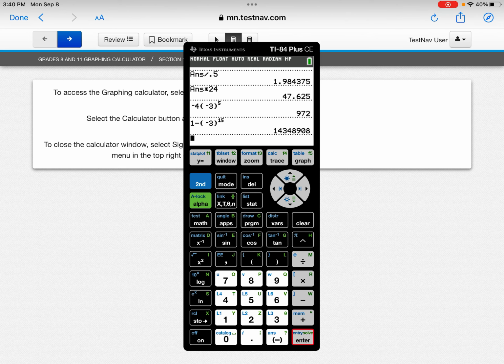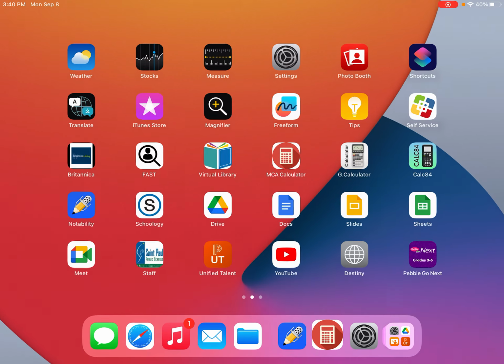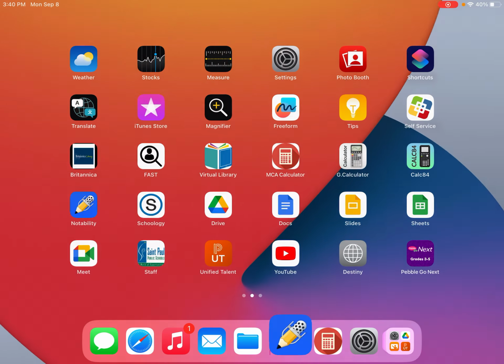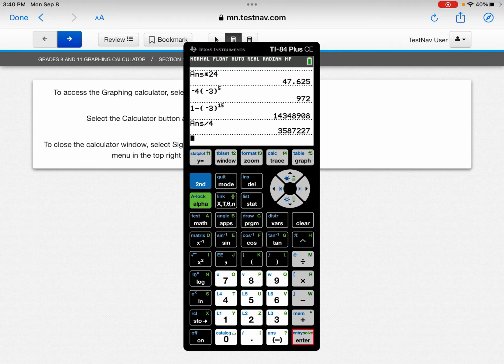Now I want to take that and divide by 4 because that was my denominator. So I have 3,587,227.